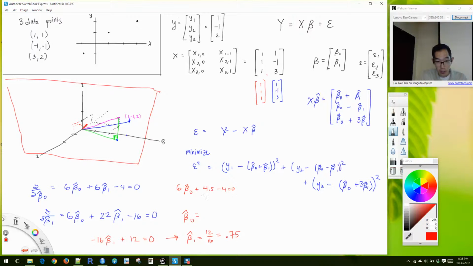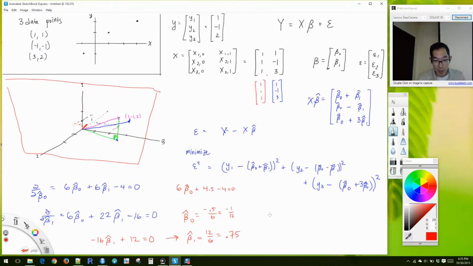So I get beta hat 0 equal to minus 0.5 over 6, or minus 1/12. Is that what I got? Okay, good. So these are my least squares estimates.